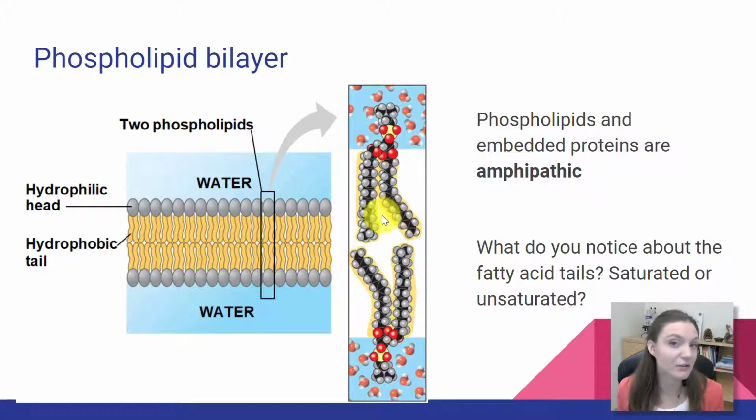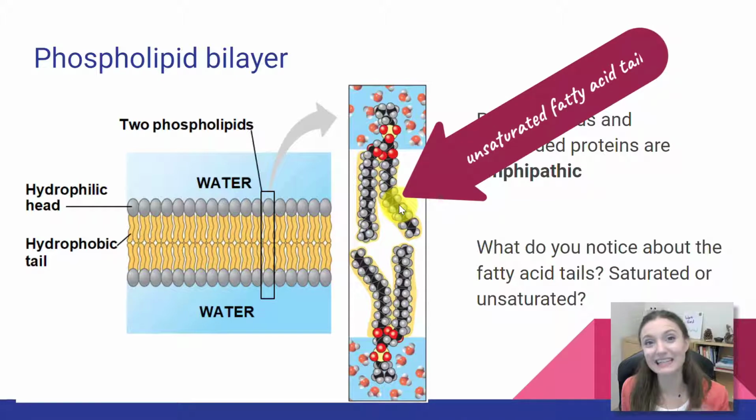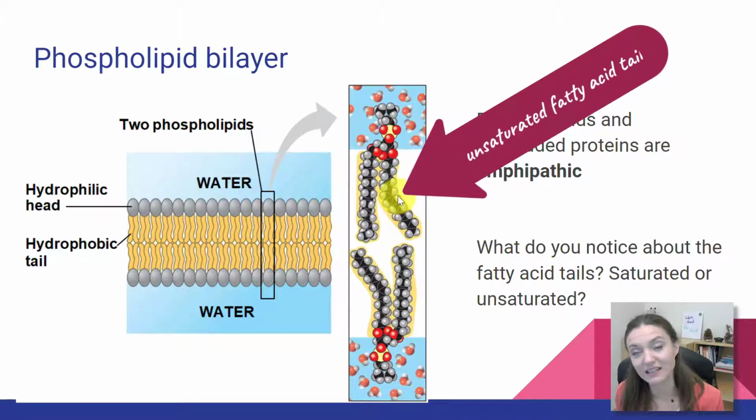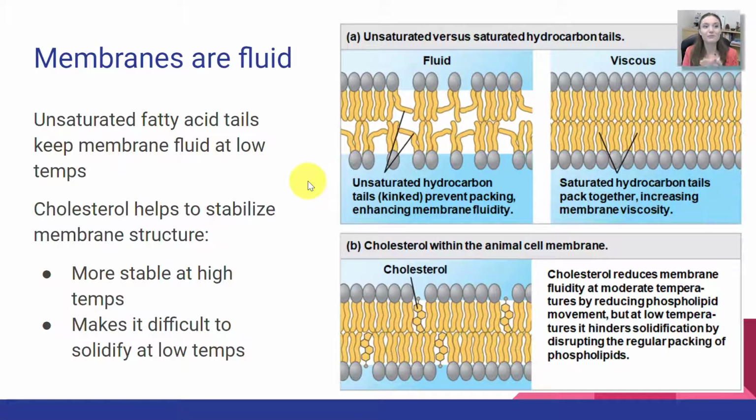And remember, unsaturated fats tend to be liquid. They stay liquid, especially at room temperature. Okay, so that's important. This bend in this tail right here is caused by a double bond between some of the carbons. Because this is an unsaturated fatty tail, it helps keep the membrane fluid in a variety of environmental conditions.